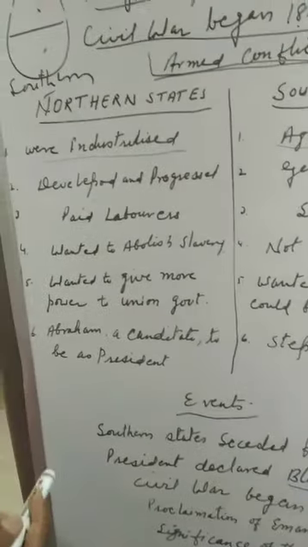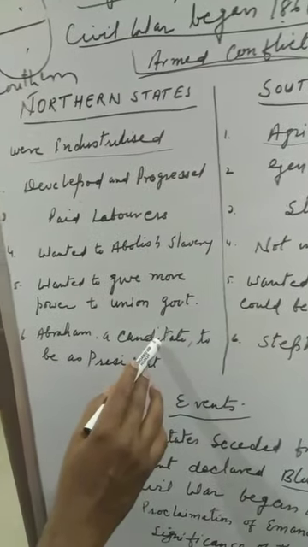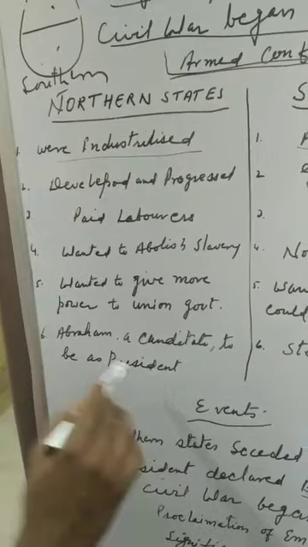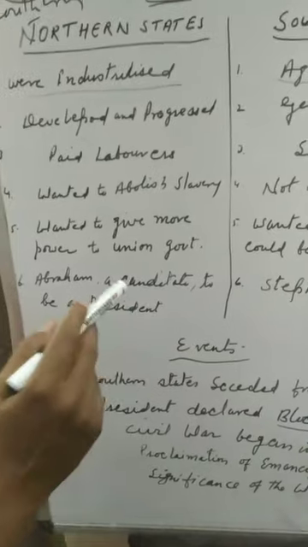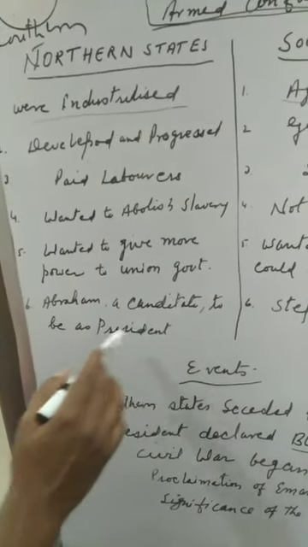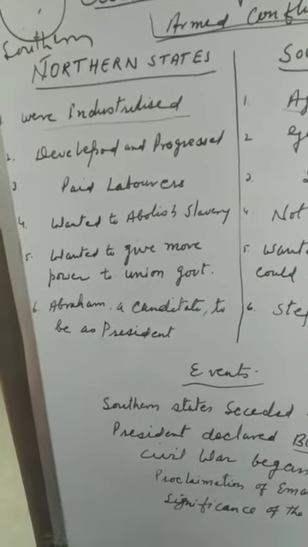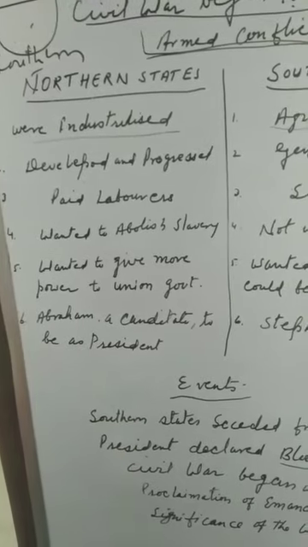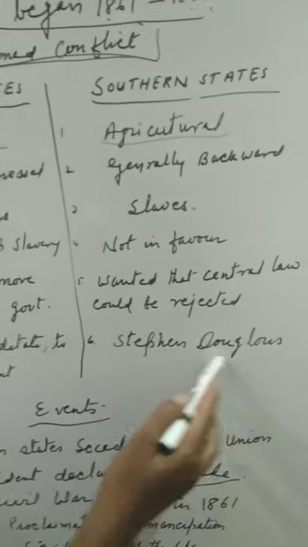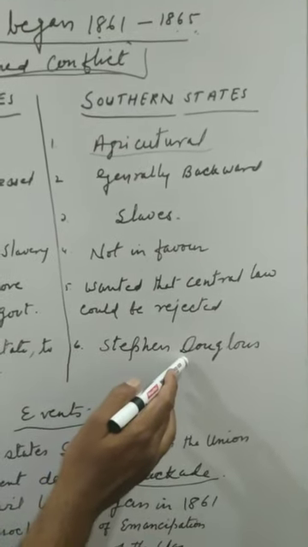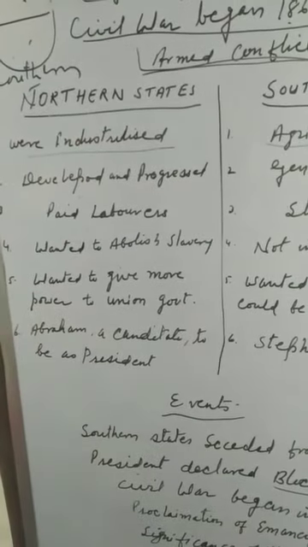And sixth point, Abraham Lincoln stood as a candidate for the presidency election of USA, sorry, not India, for USA, from the Republican Party. And Stephen Douglas stood as another candidate opposing Abraham Lincoln.